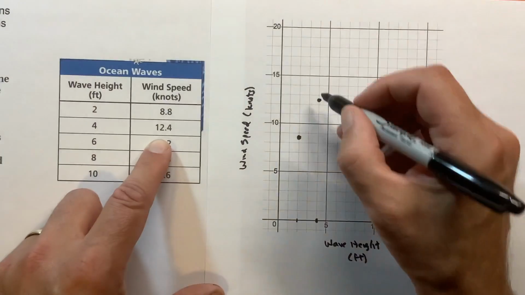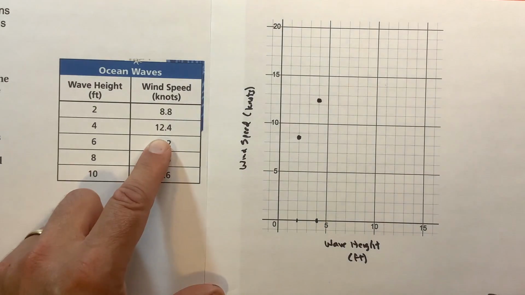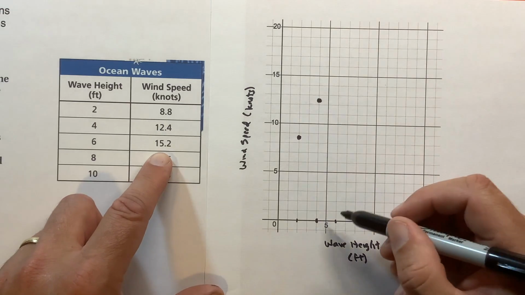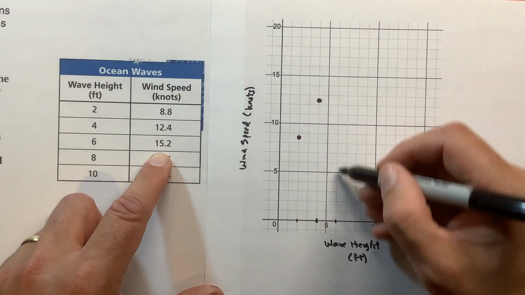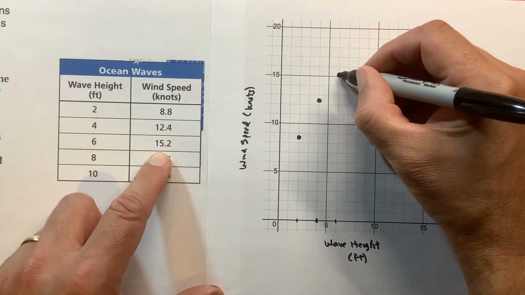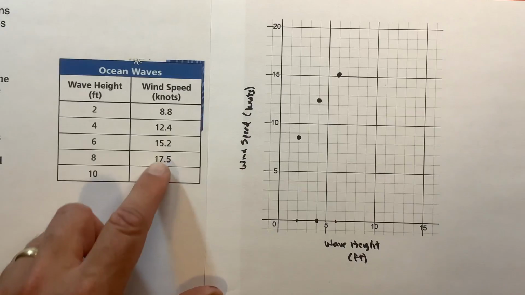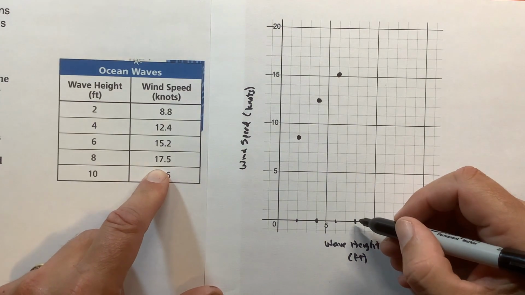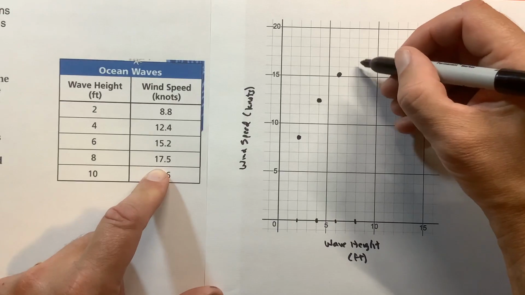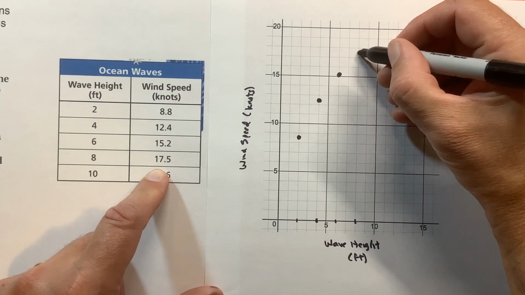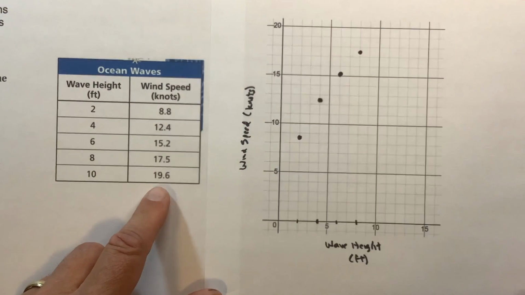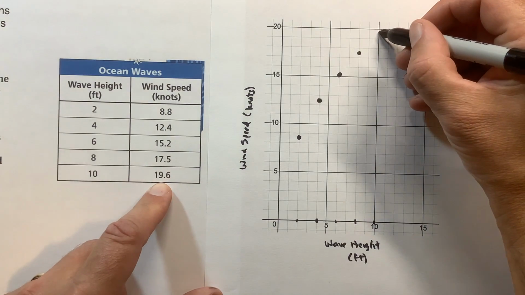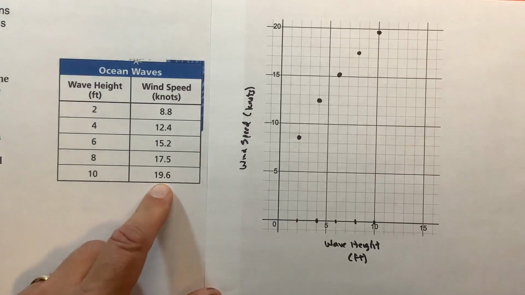And notice I'm just estimating, it's okay. 6 feet waves are going to be about 15.2, so just a little bit more than 15. So I'm going to come up here, and let's say about right there, just slightly above 15. 8-foot waves are going to go up to 17.5, which here's 15 again, 16, 17, about right there. And 10-foot waves are going to be just below 20. So here's 10, and just below 20 is right there.